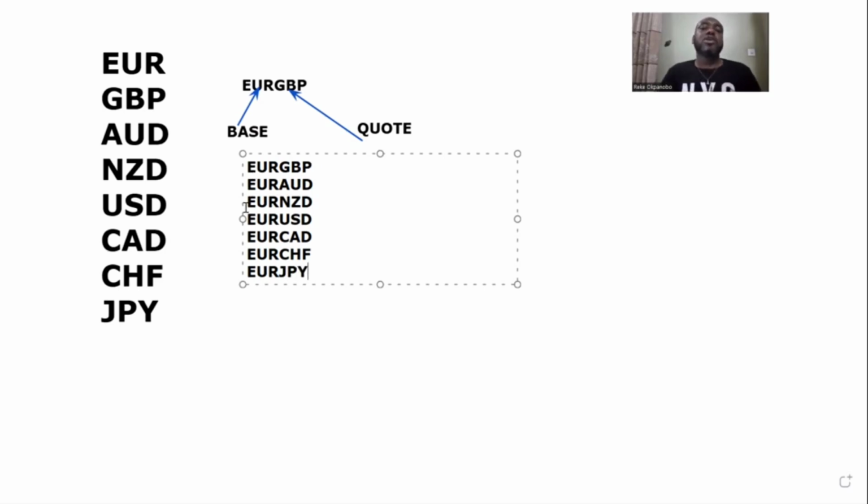So that is the first one, which is the euro. You cannot see any pair that has euro behind another currency.